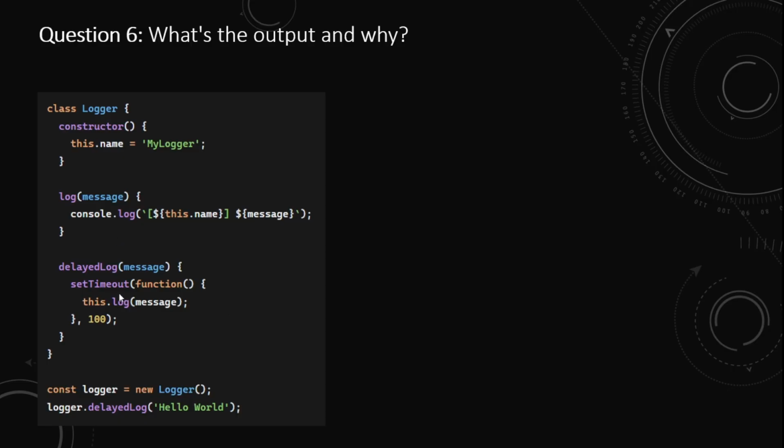So when the setTimeout registers the log method as a callback in the Node.js call stack, and after the 100 millisecond delay, Node.js finally executes the callback of the log function.